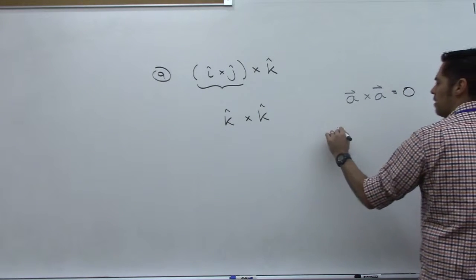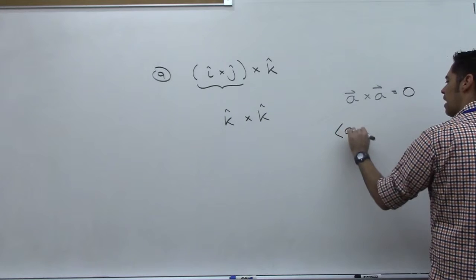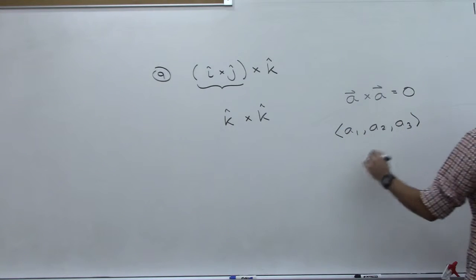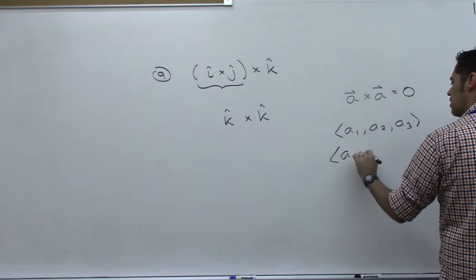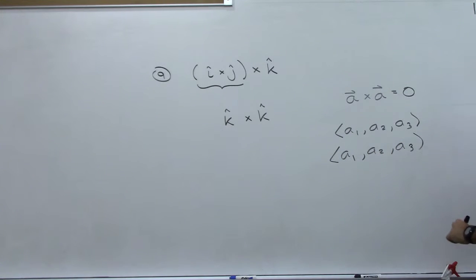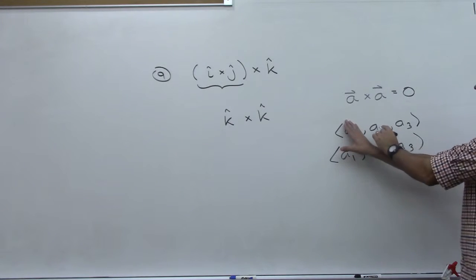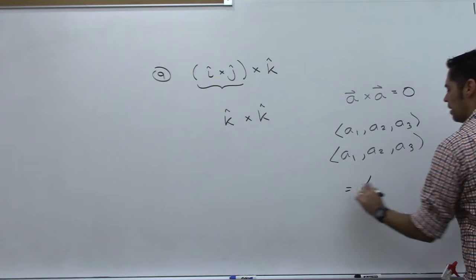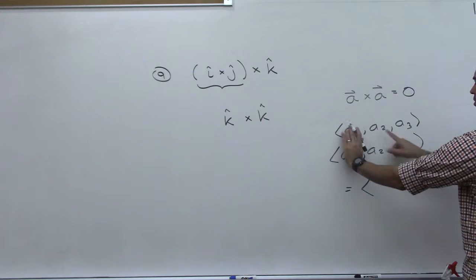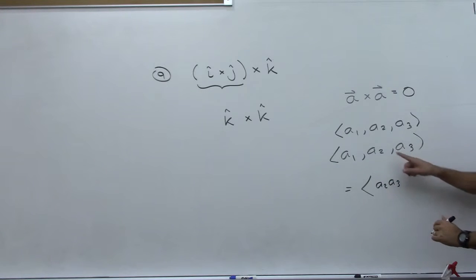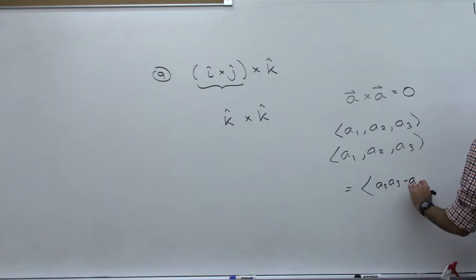So we can verify this real quick. If I take some vector A, A1, A2, A3, I don't know what it is, as long as it's a non-zero vector, and I cross it with itself, let's show that it's always going to be 0. So we cover this up. You get A2 times A3. So the cross product will be equal to A2 times A3 minus A2 times A3. Well, it's gone, isn't it?